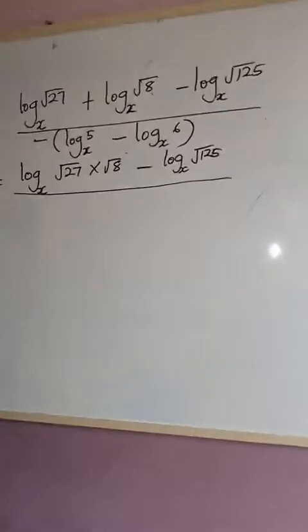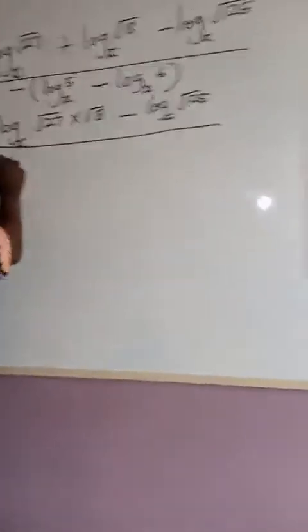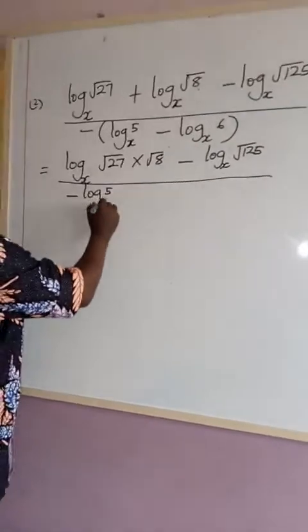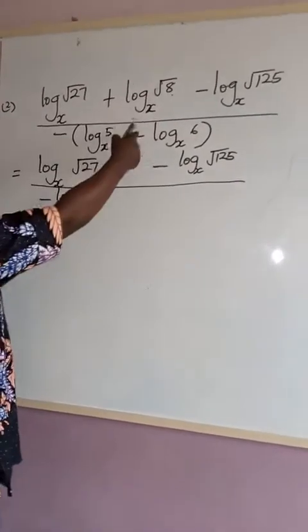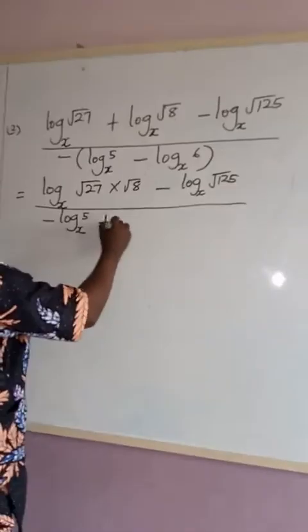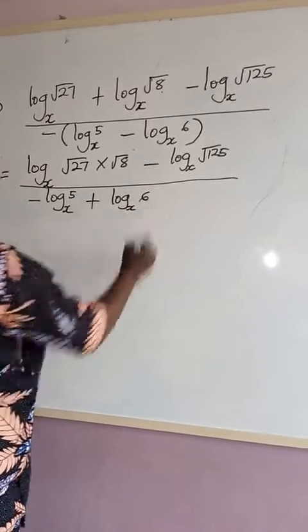So down here we need to open the brackets. So minus times plus will give us minus. This is minus logarithm of 5 in base x. Then minus times minus is equal to plus. So plus logarithm of 6 in base x.